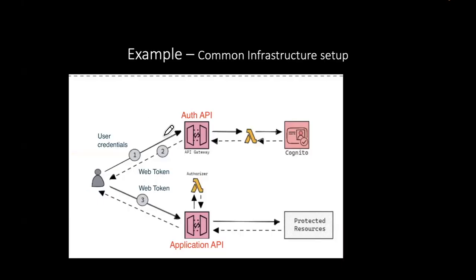What I'm showing you here is that typically you might have one web API that's dealing with all Cognito-related requests, like registration, login, logout, and a separate web API that's dealing with all requests targeting your actual application's functionality.